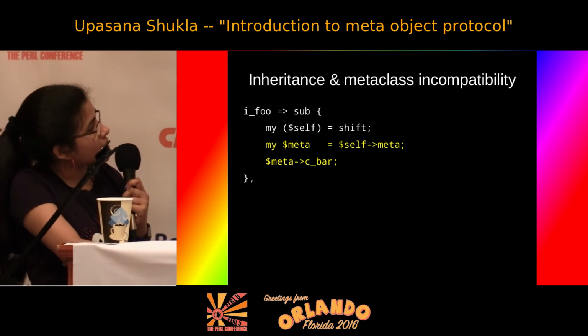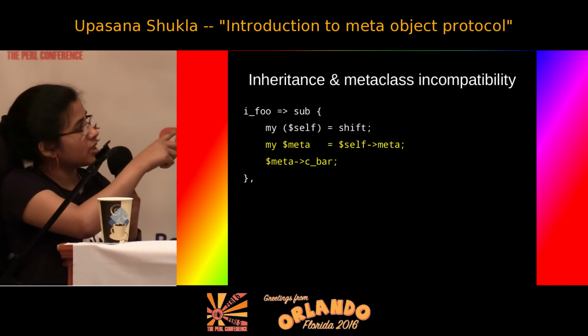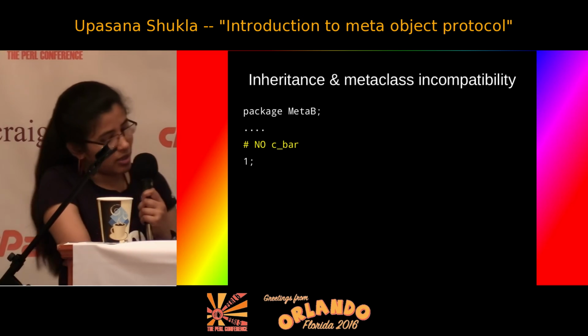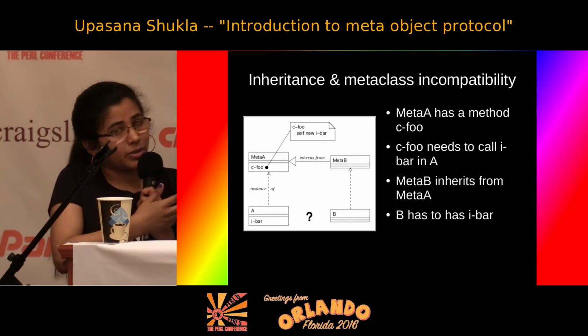Let's look at it again. If I call it on B, then self meta will return meta B, and if I call cbar on meta B, it will fail because there is no cbar in meta B.